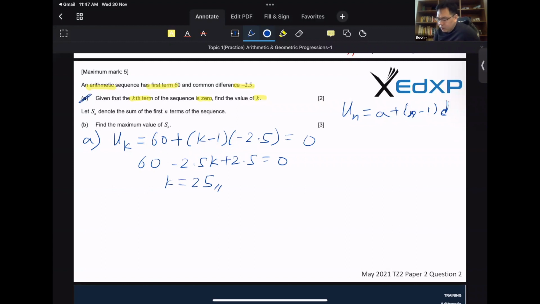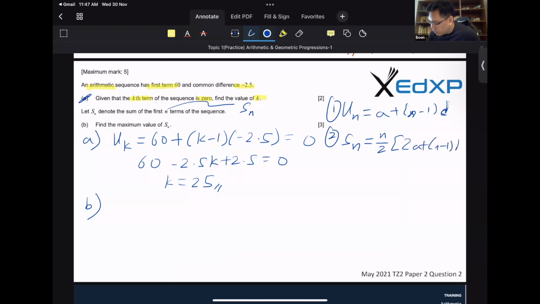That's for part A. Part B, let S_n denote the sum of the first n terms. Find the maximum value of S_n. Okay, we know that the sum of an arithmetic sequence is n over 2 times (2a plus (n minus 1)d). So let's find this first.